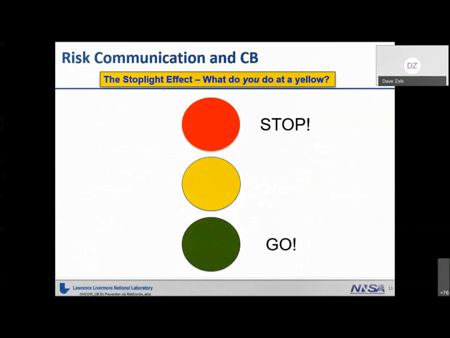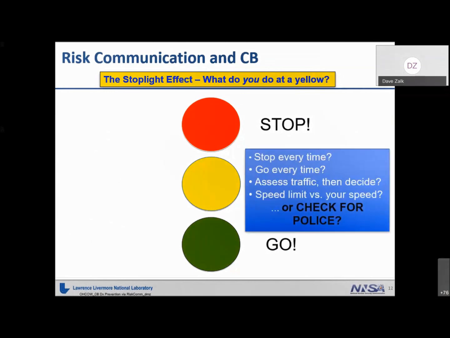It seems like the right time to bring you into the risk communication element of it and how it fits into control banding. So everybody knows that we stop at a red light and we go at a green light. The real question is, what do we do at a yellow light? Well, it really matters who you are and how you interpret that yellow light.